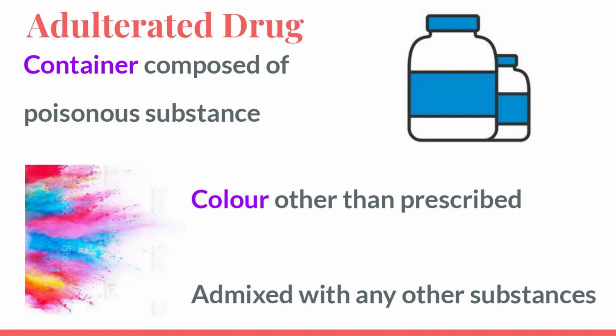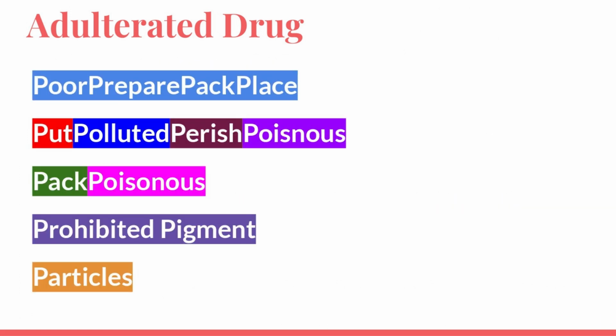If any prohibited colors are used, the drug will be an adulterated one. If the drug is admixed with any substances, it will make the drug an adulterated one.